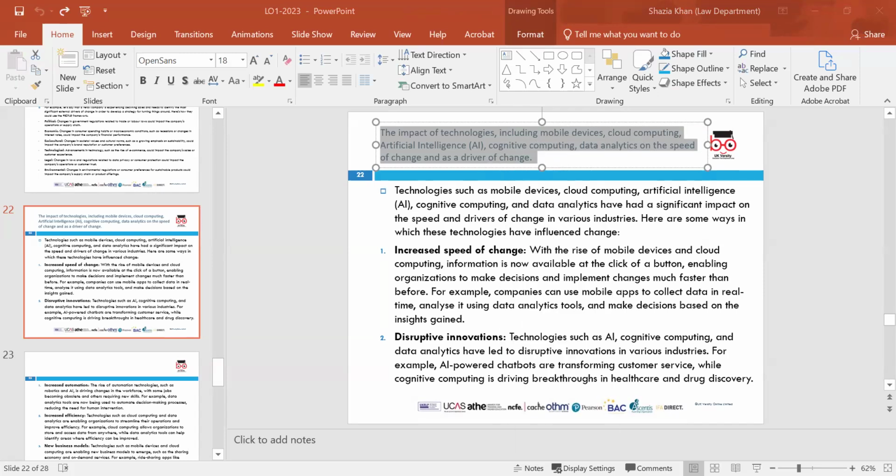Keith, do you think it plays a big role in organizational change? Yes, it plays a big role. So the impact of technology, do you think it plays a big role within an organization? Especially now we've got AI. Do you think that plays a big role?